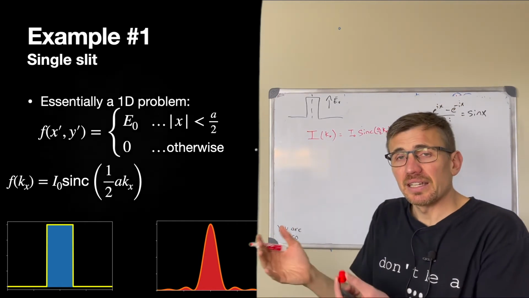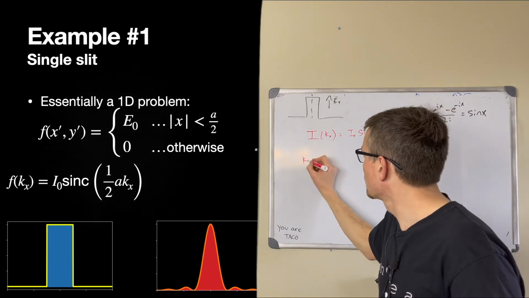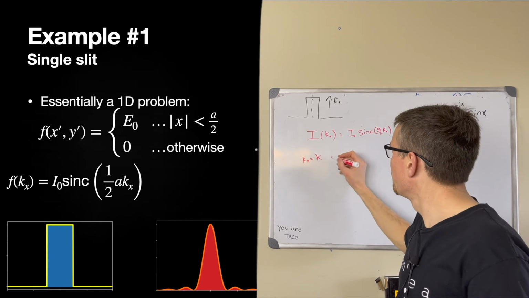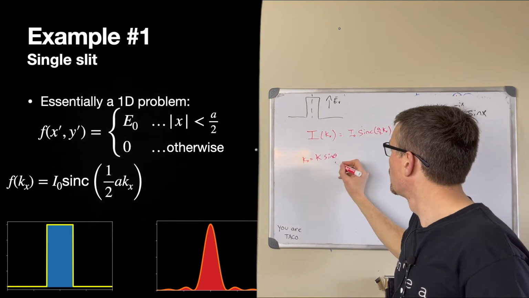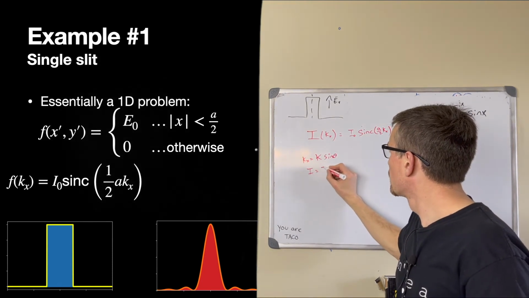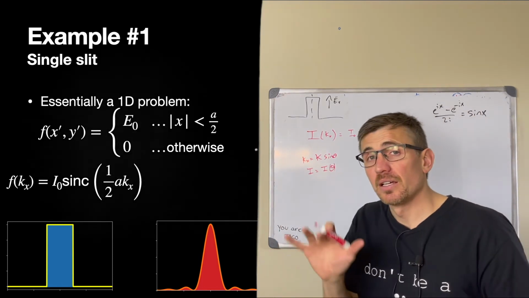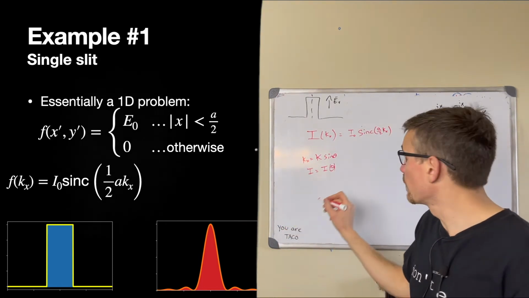But what is kx? Remember, kx is equal to k, units of inverse meters, times sine theta. So this is really a function of theta. This gives us the angular distribution, all right? Not a big deal, because we can easily convert it.